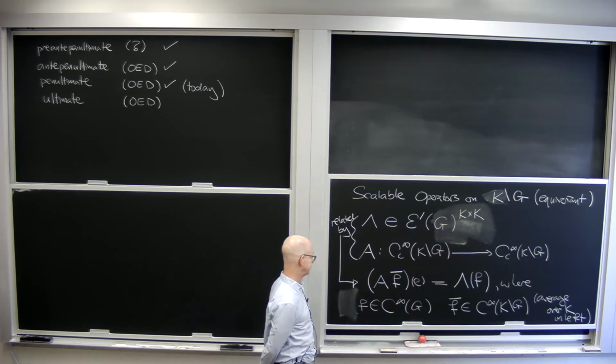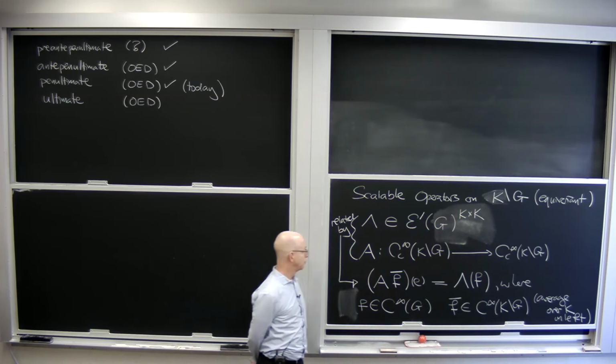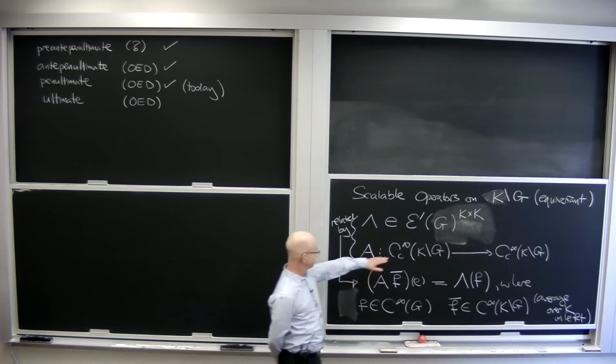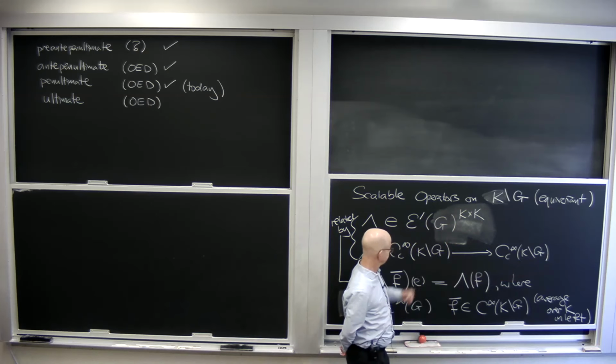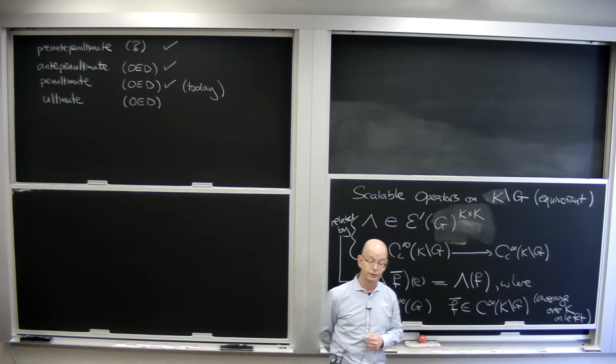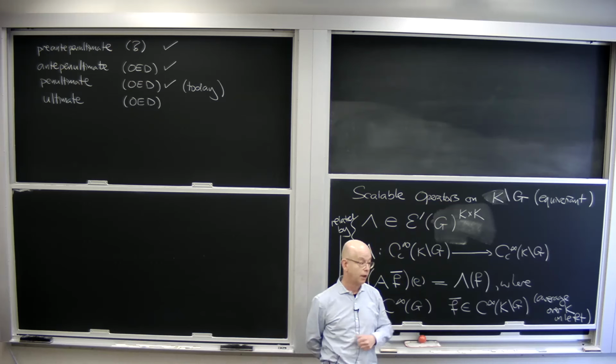Okay. So going in one direction, convolution with the distribution gives a map from here to here. How does it do that? Well, I'm thinking of functions on k mod G as just functions on G, which are k translation invariant on the left, and then I just convolve.